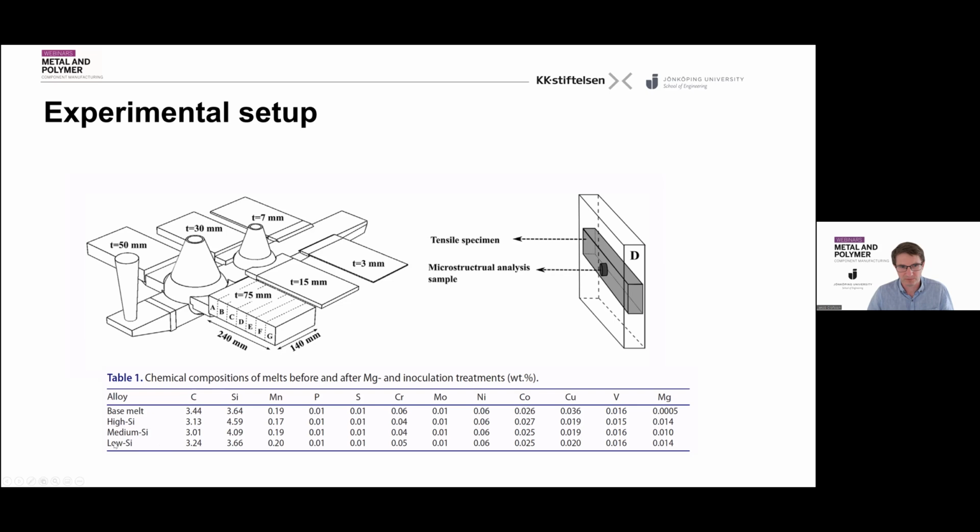What we ended up with was a low silicon, which had 3.66% silicon, medium, which was about 4.1, and high silicon, which was 4.6. So you can see we changed the content of silicon. The carbon content also changes a bit, but mainly it's the silicon content, which is interesting because it gives a strengthening effect.